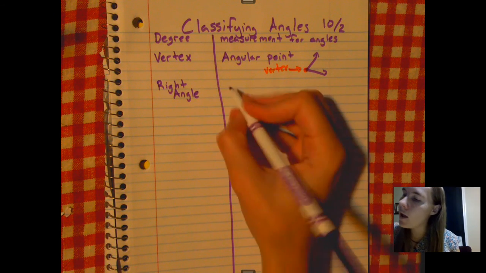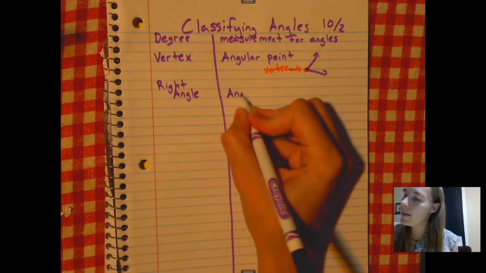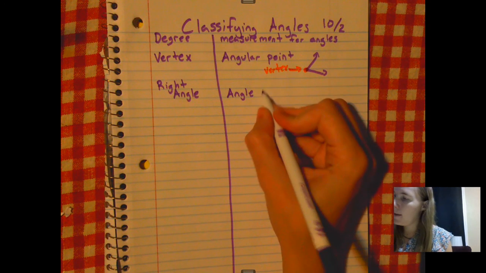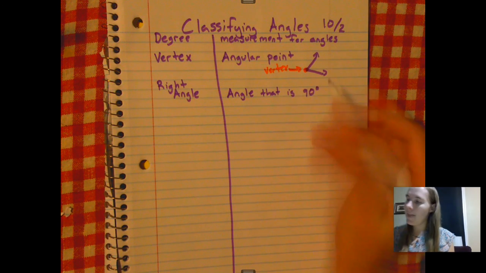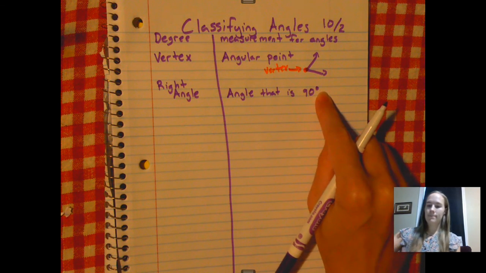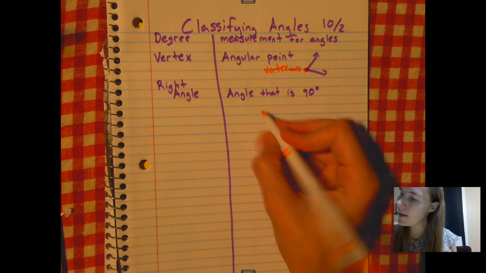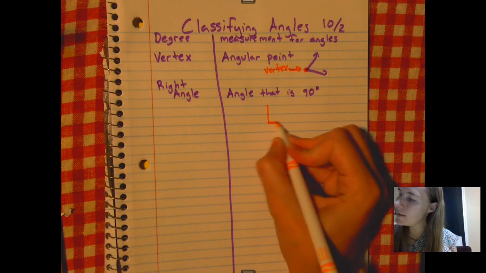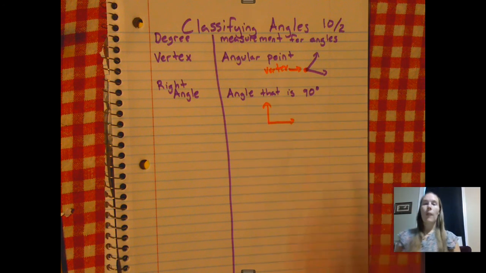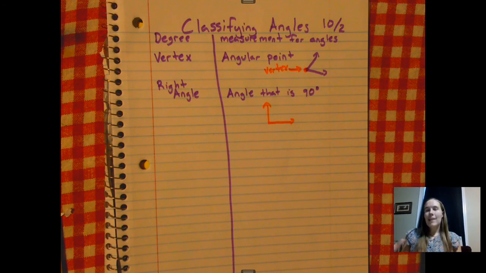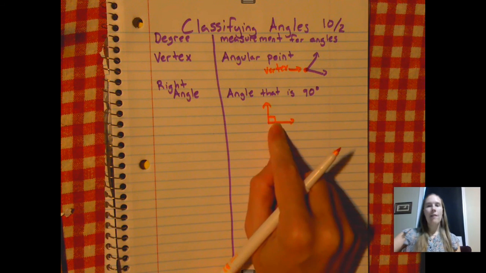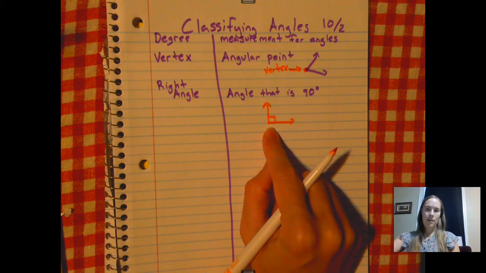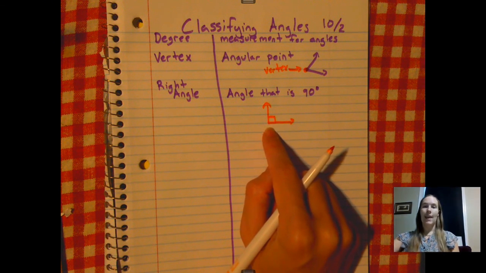So a right angle is an angle that is 90 degrees. And that little symbol there means degree. So what that looks like is something like this. Right now, it looks like it's 90, but you cannot necessarily be sure. So all 90-degree angles have this little box here. And that just means this is a right angle.